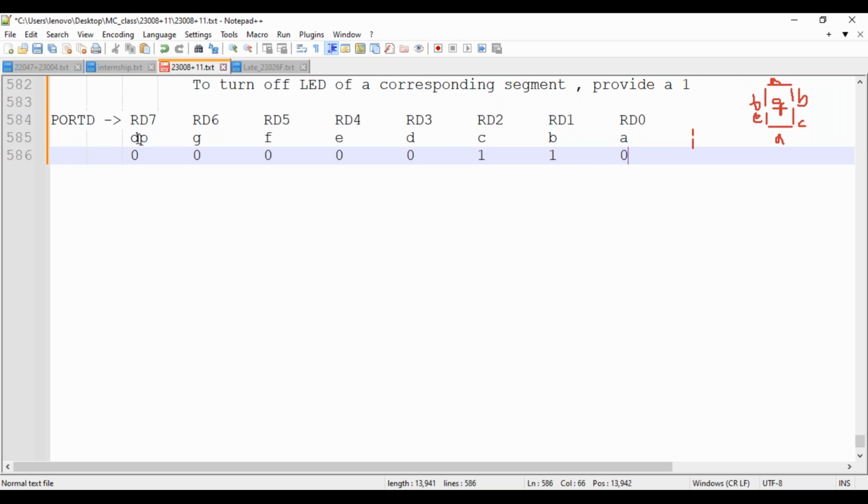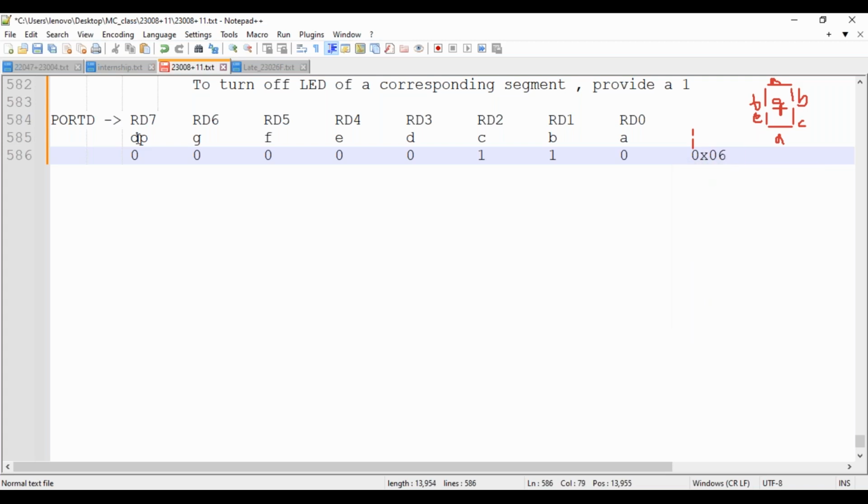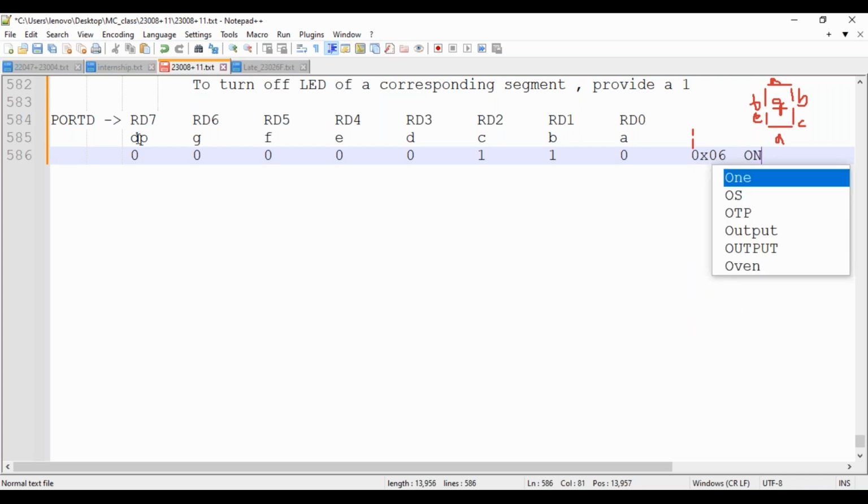So what is the hexadecimal equivalent of this? 0x06. So whenever I have to display 1 on the SSD, what should I be providing to port D? I have to provide 0x06.